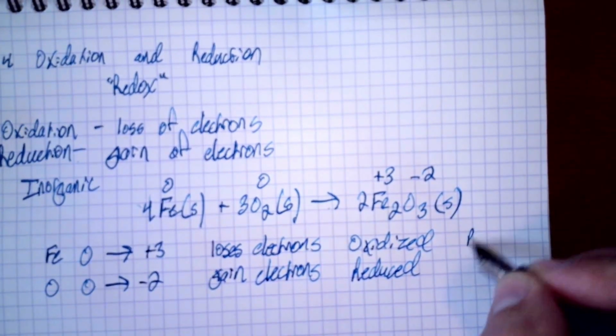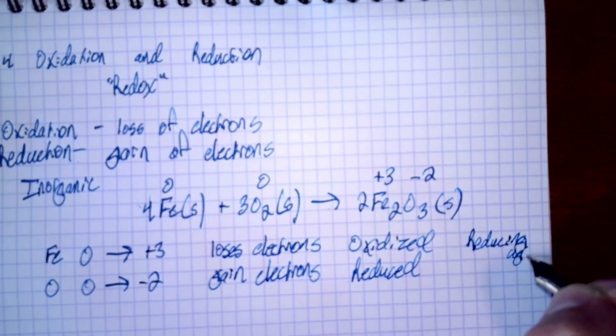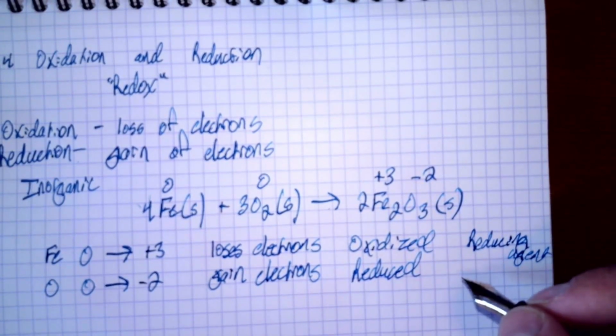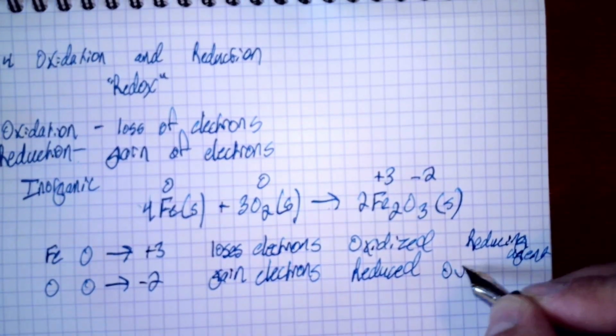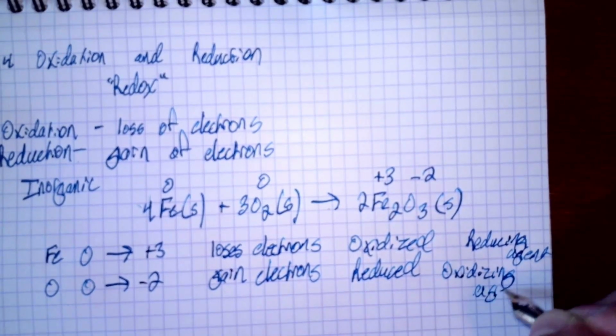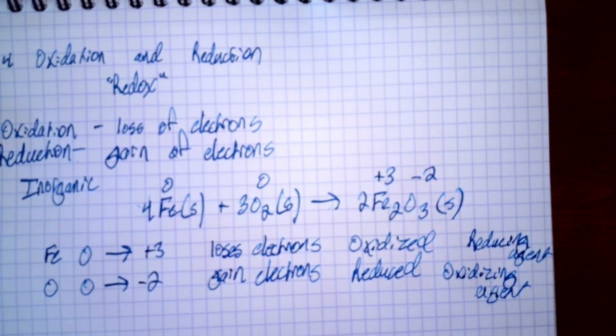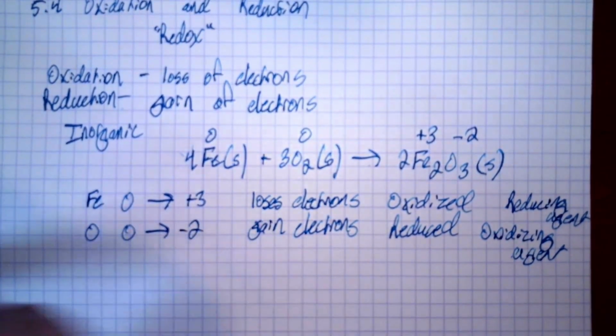So the iron is the reducing agent. The oxygen is what caused the iron to be oxidized, so the oxygen is the oxidizing agent. Okay? Now, I realize this is a lot to keep track of.